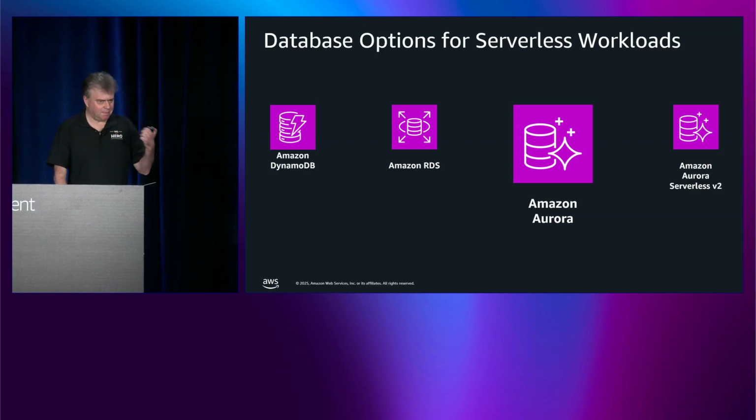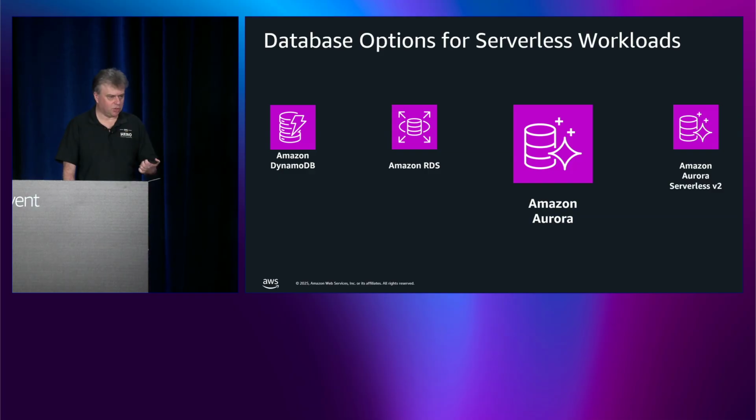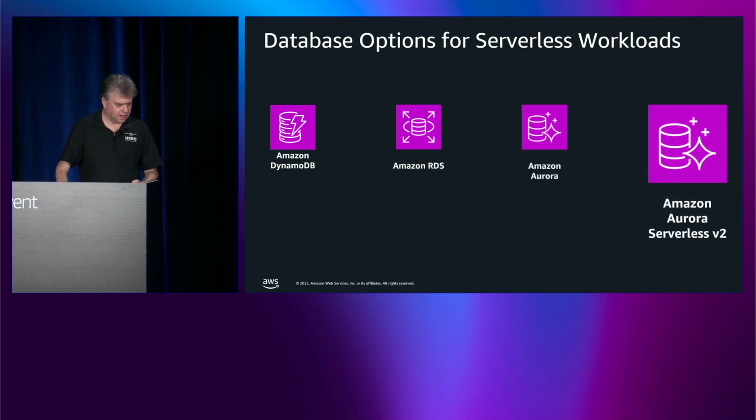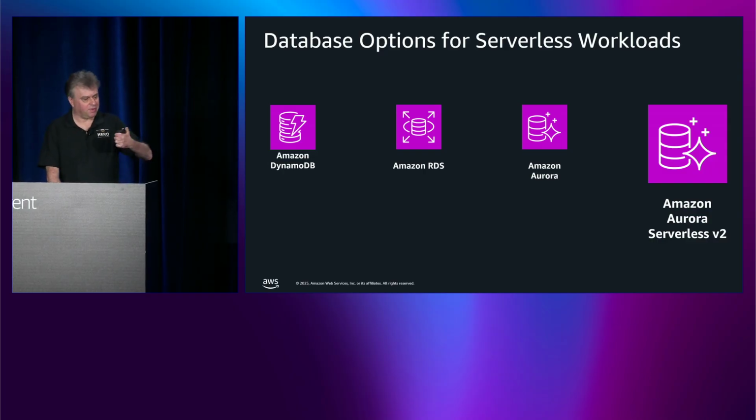Now moving to Amazon Aurora, the provisioned one. It has mainly the same advantages and disadvantages as RDS. The only exception is that you can scale the storage independently of compute with that database. Now moving to Amazon Aurora Serverless v2, we are approaching this world where relational databases are more suitable for the serverless world.